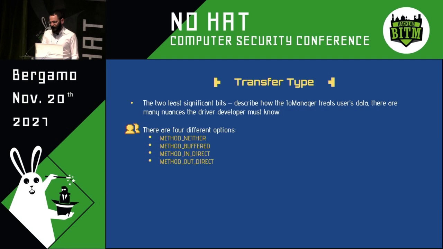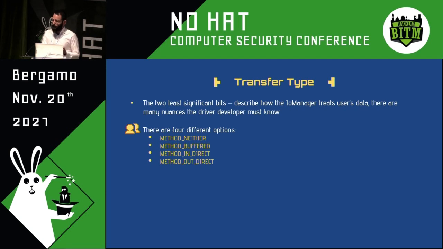Now, the second thing, which is the prime source for so many bugs in the Windows kernel, is the transfer type. Now, the transfer type describes the way the driver will get the data from the user mode. So if you do not understand correctly what every transfer type does, you probably won't use those parameters in the driver correctly.